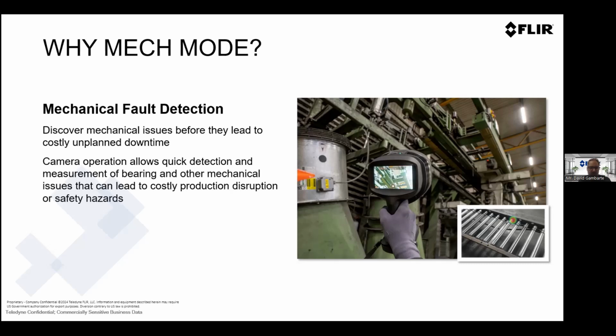So camera operation allows quick detection and measurement of bearing and other mechanical issues that can lead into cost of production disruptions or safety hazards. So basically, there are many derivative consequences of having mechanical faults, and the camera will actually help you to find the faults before they actually lead into a problem, as we said before.